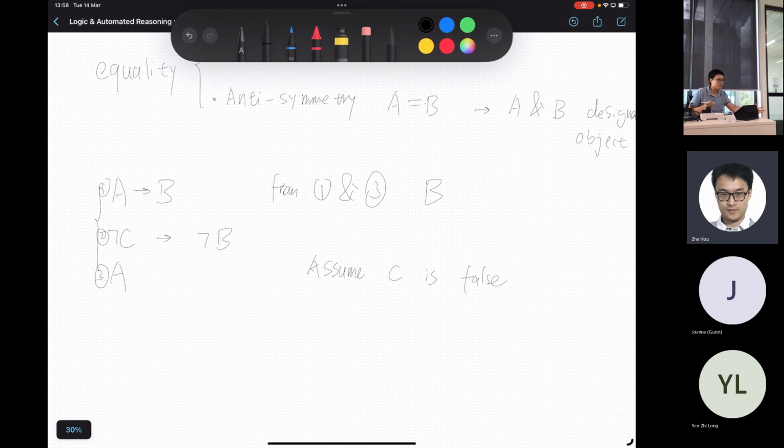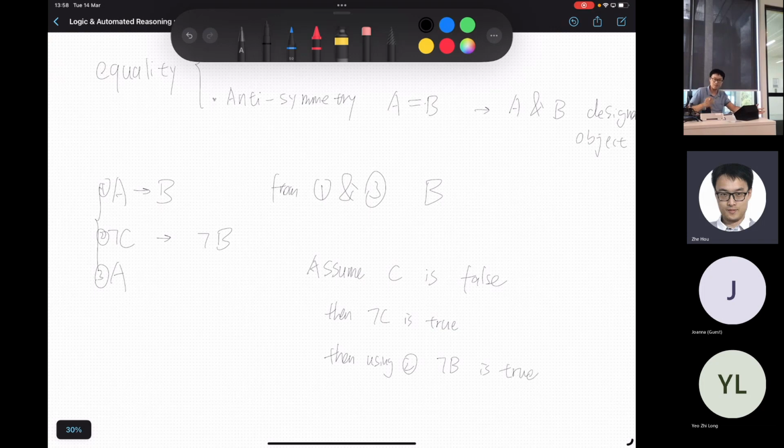If C is false, then what is not C? Not C is true. And if not C is true, what can we derive? We have an implication there. If not C is true, then using number 2, not B is true.